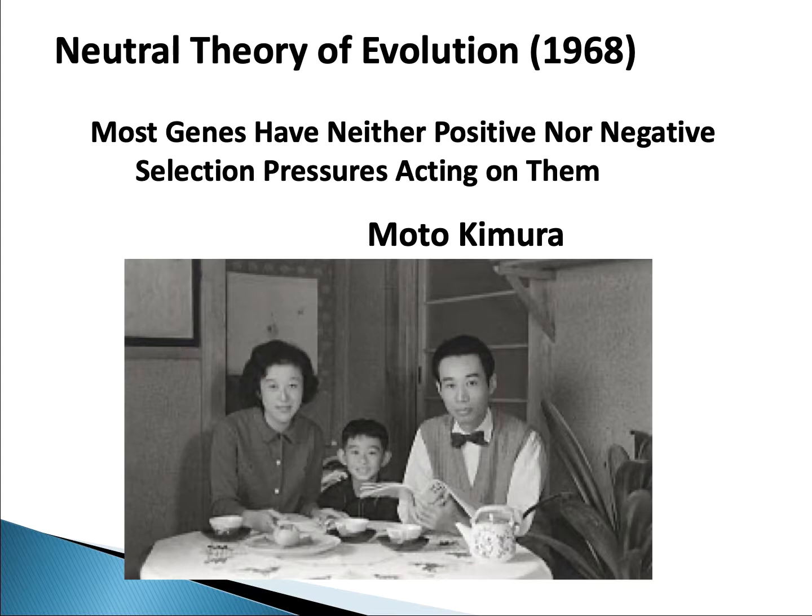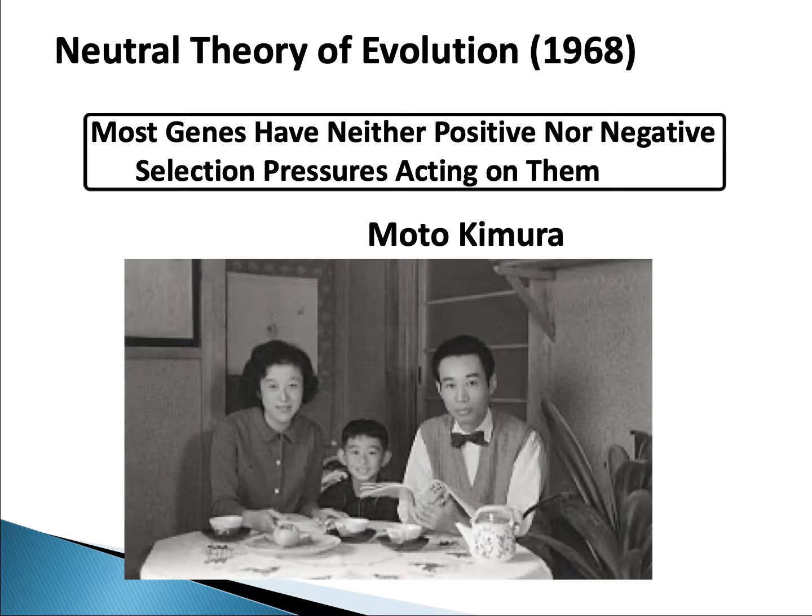As was synthesized in the 30s and 40s and 50s, evolution essentially consisted of mutation and selection. So Kimura decided to test that out on real organisms to see what effect selection had. And so he did many experiments to determine that most mutations had neither a positive nor a negative effect on those organisms.